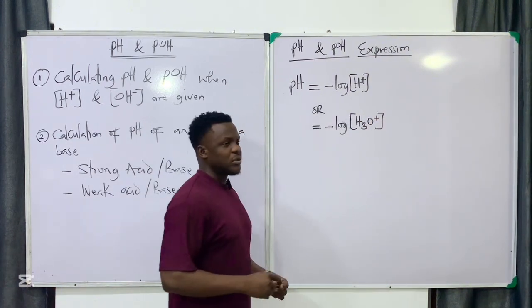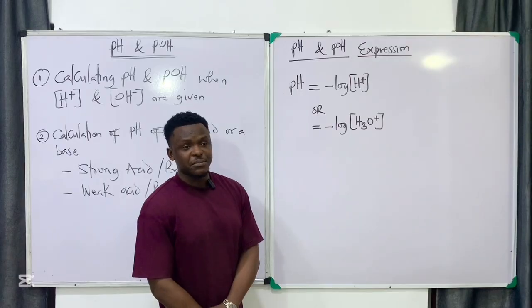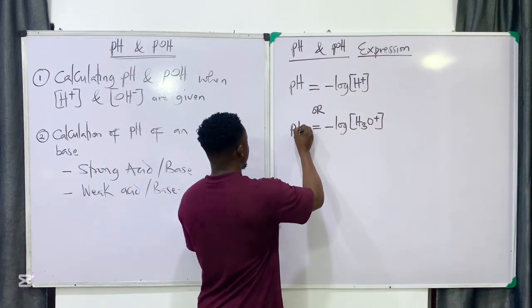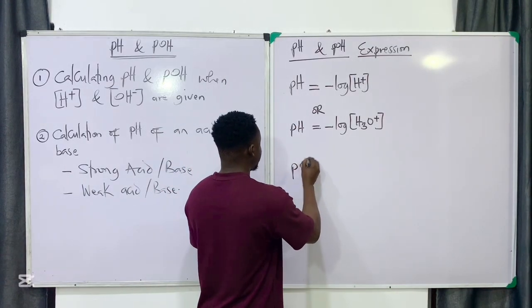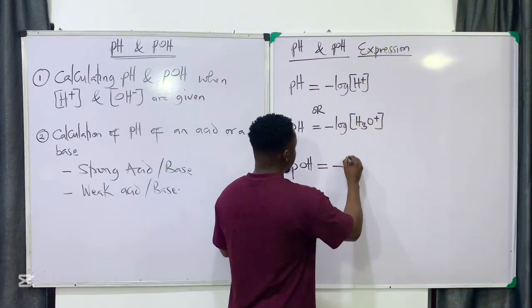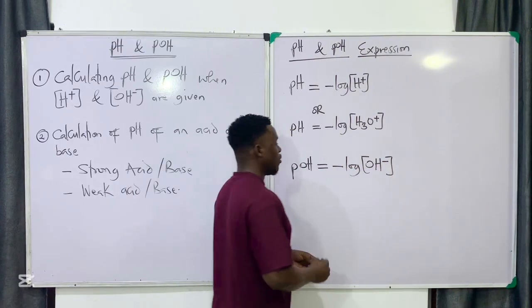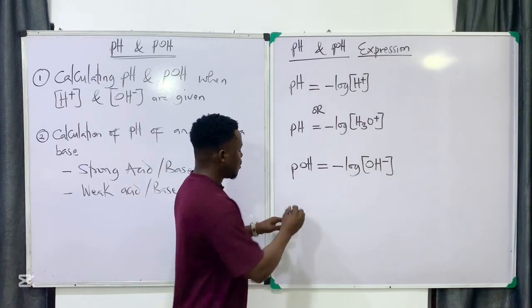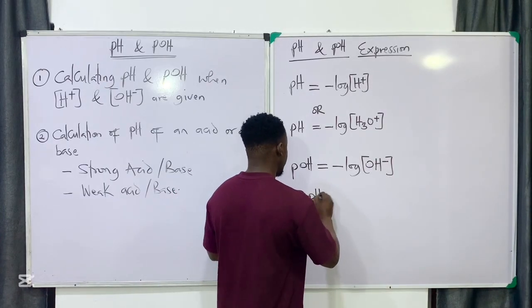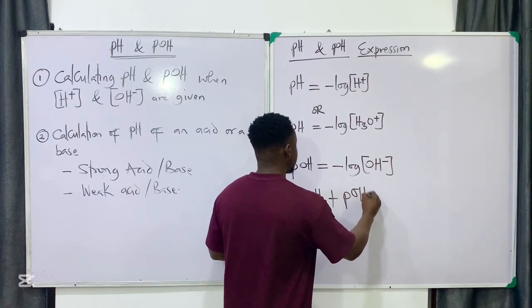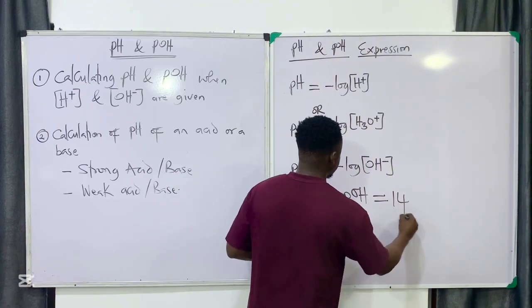Now these are the two mathematical expressions for pH, whereas pOH is negative log of OH minus. So therefore, we have the relationship between pOH and pH.